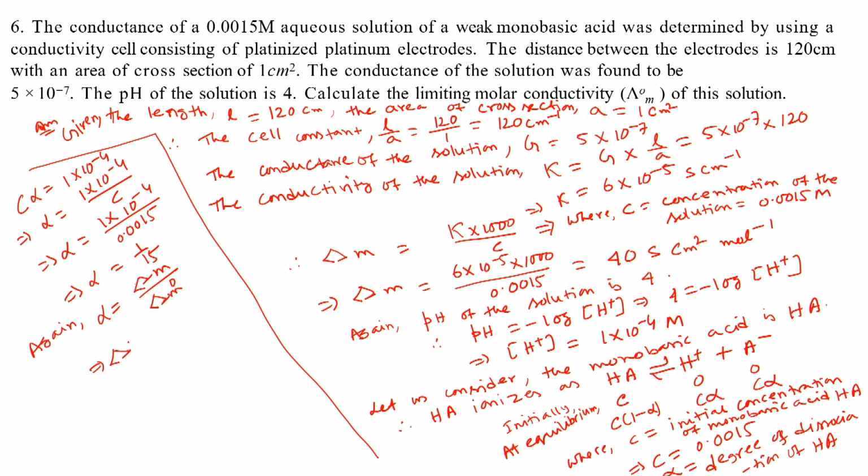Lambda m naught is lambda m by alpha. So, lambda m naught is 4 by 1 by 15.